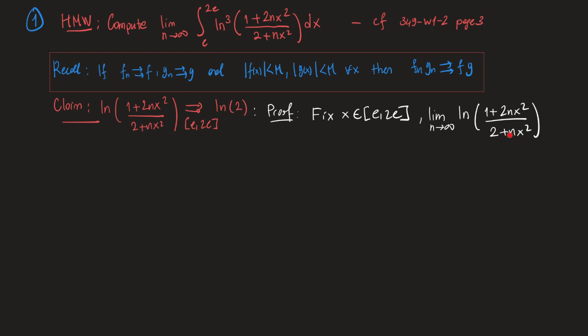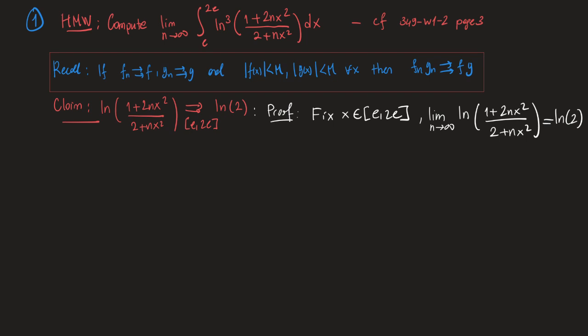Since we have the same power of n, you know how to calculate the limit of the inside, the coefficients: 2x squared over x squared. So you get 2. So this pointwise limit would be ln 2. Okay, nice.